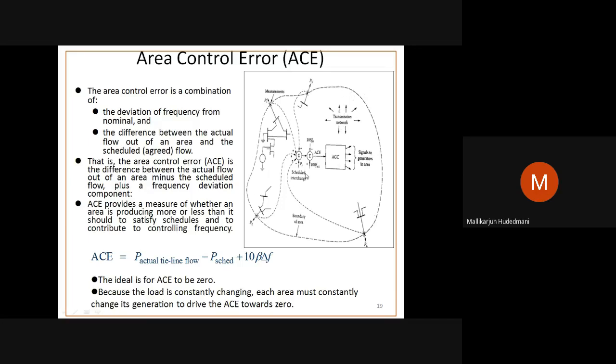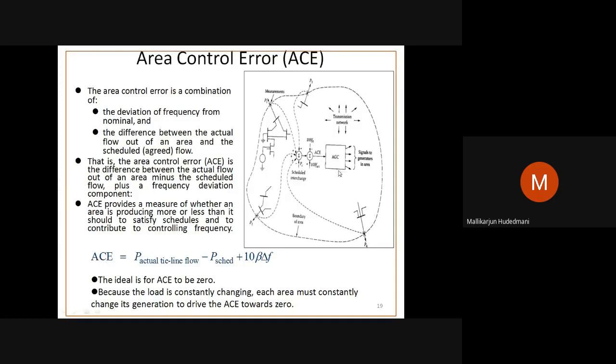Then we defined the control area's error: whether this area is in stable operation, having sufficient generation, or having a shortfall of generation, a deficit. How do you come to know? The area's value is called ACE. So I am trying to define what ACE is in real logic.